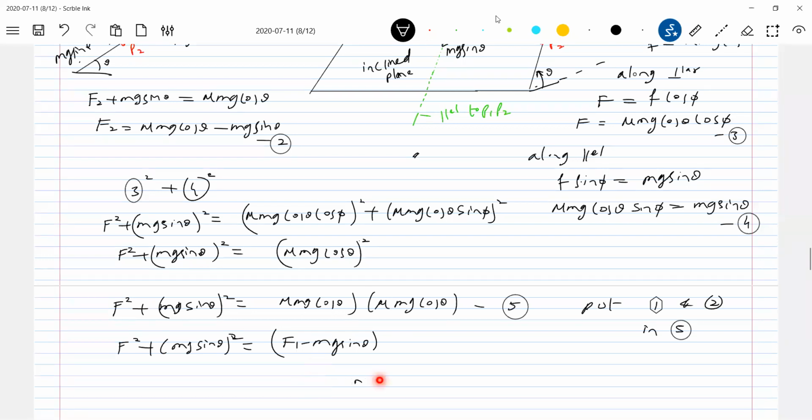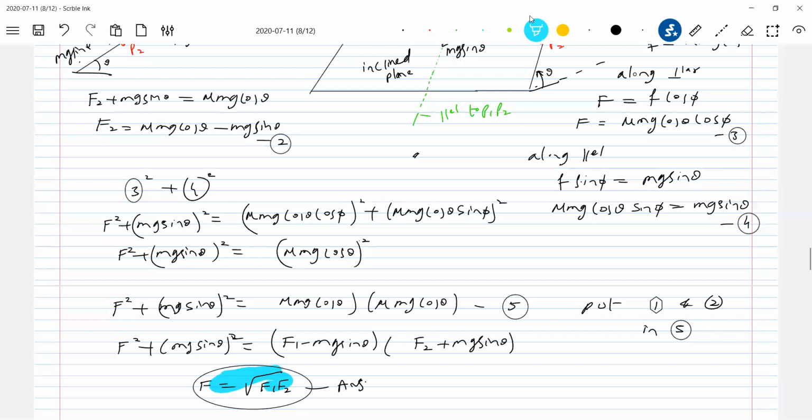Then another mu mg cos theta I can write as F2 plus mg sin theta. Solving this I'm leaving to you. You'll end up with this answer. You do the mathematics later on.